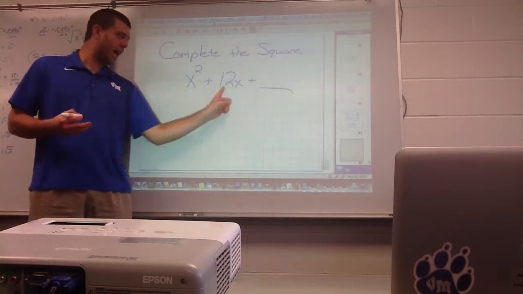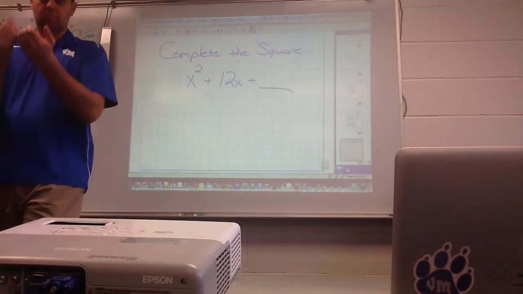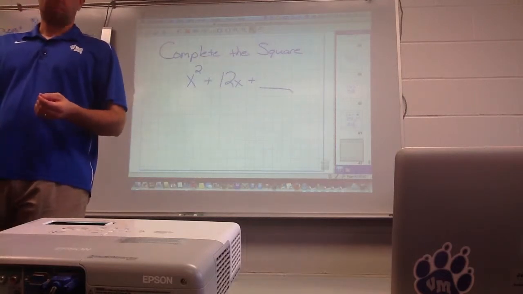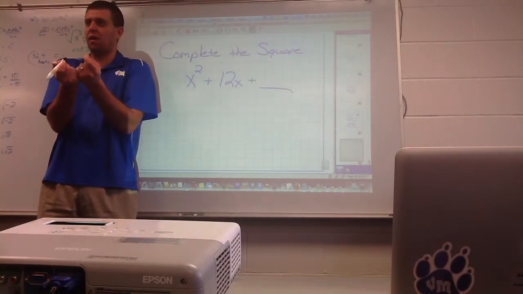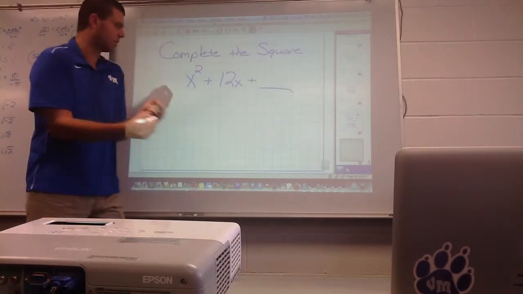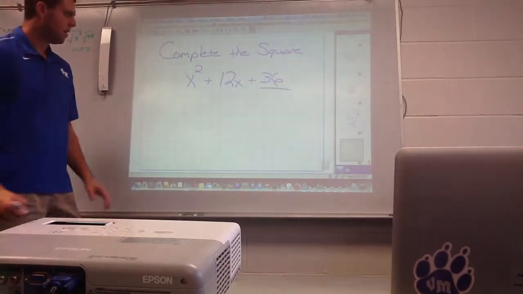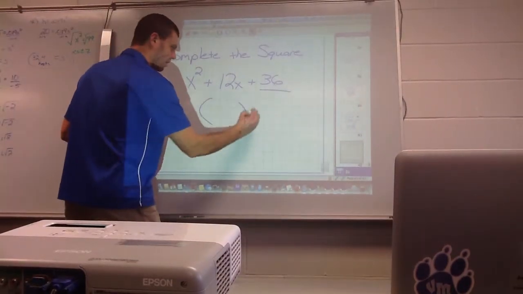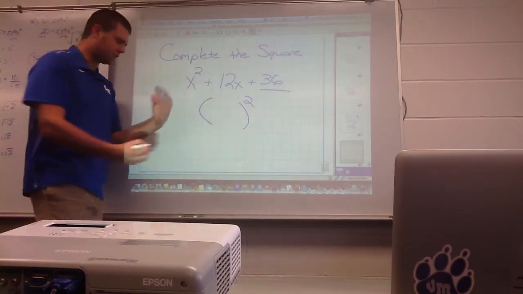Yeah, the two numbers got to add to 12, and then they have to multiply to 36. Obviously if you choose 6 and 6, that adds to 12, they multiply to 36. So this definitely would have to be the number 36, because now if you factored it, what would you get? X plus 6 quantity squared.